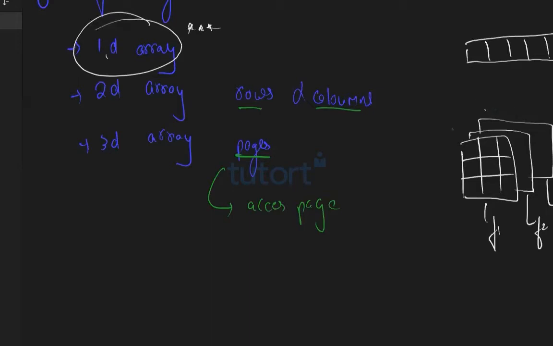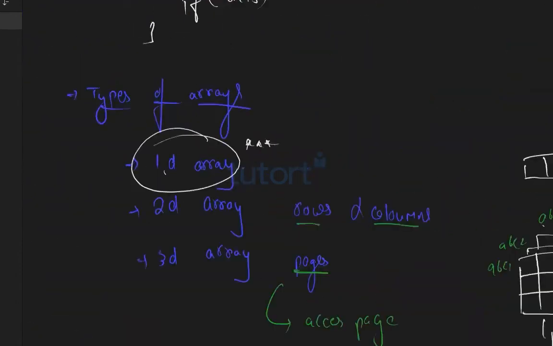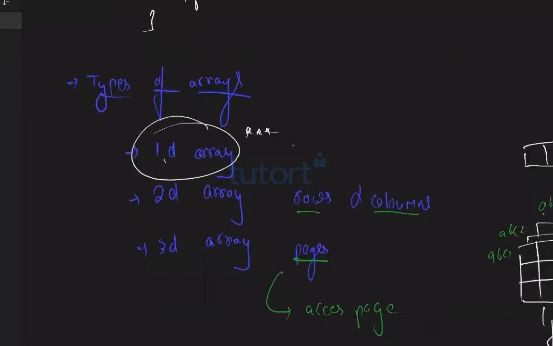For example, this page is ABC1, this will be ABC2, this will be ABC3. So ABC1 plus, suppose you want to access the second page and the second row, so the row calculation will happen there. We will go much deeper when we use that particular thing. Will that help? Yeah, cool.